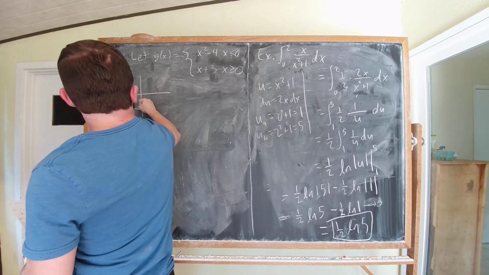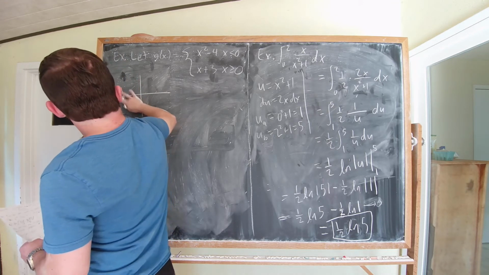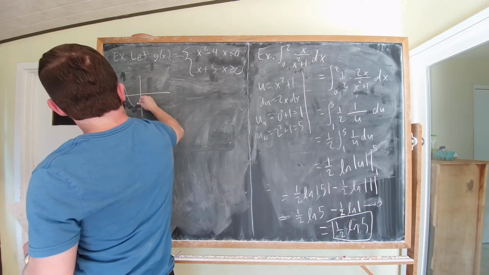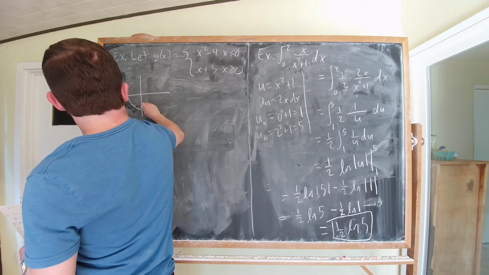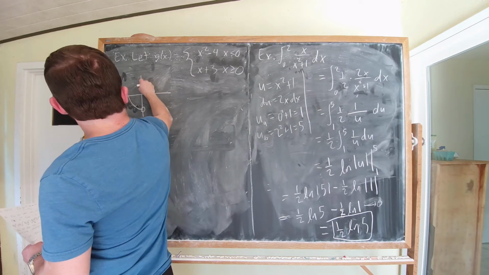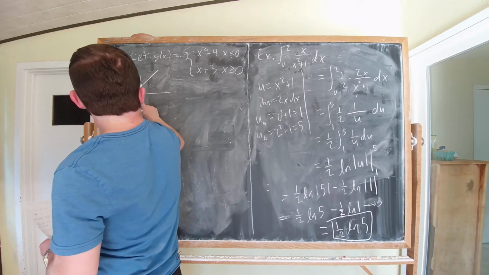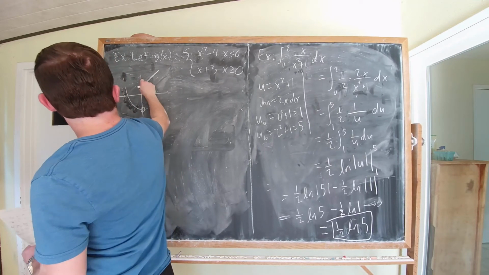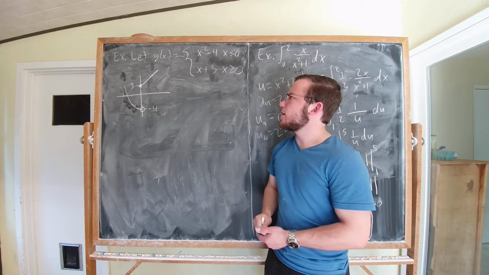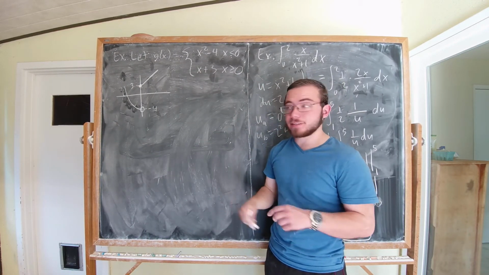We have x squared minus 4 there, open circle, closed circle at like 3-ish. And that would be negative 4, that would be positive 3. Alright, so that's a rough graph of g of x.